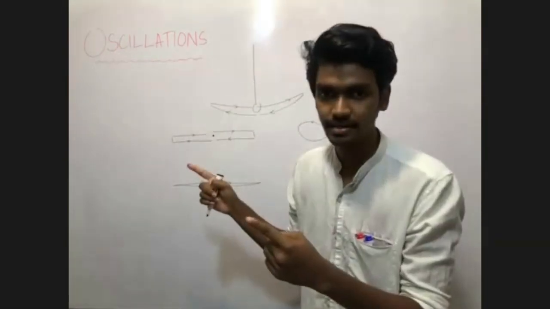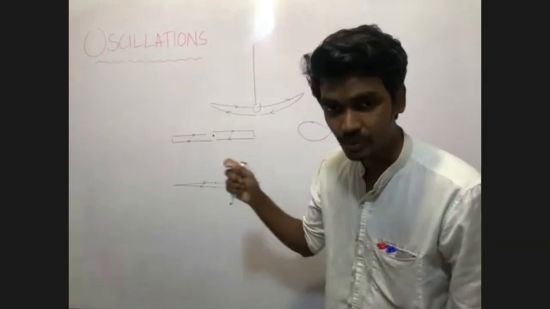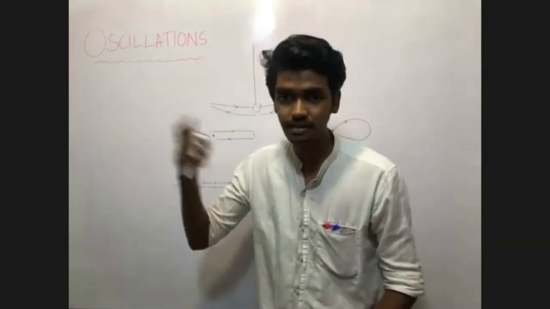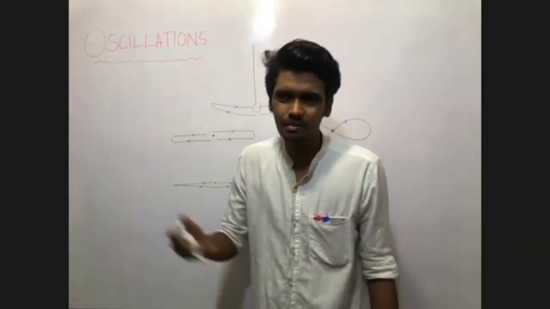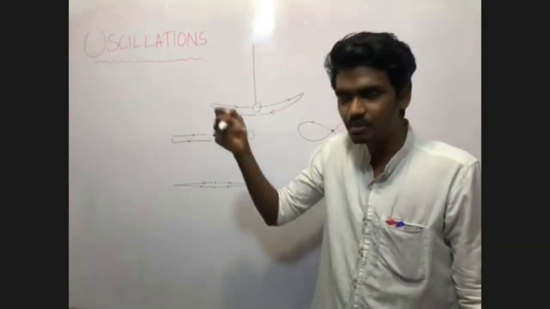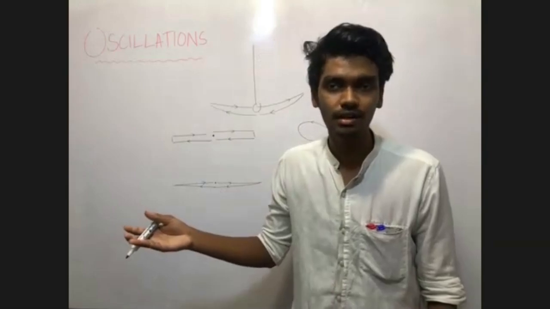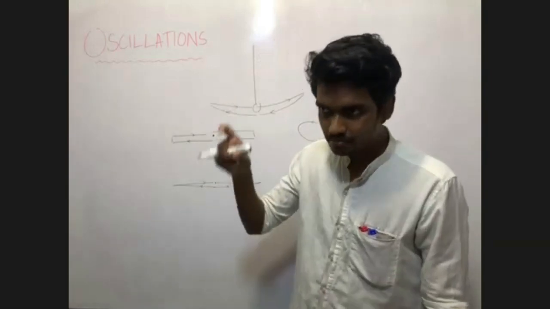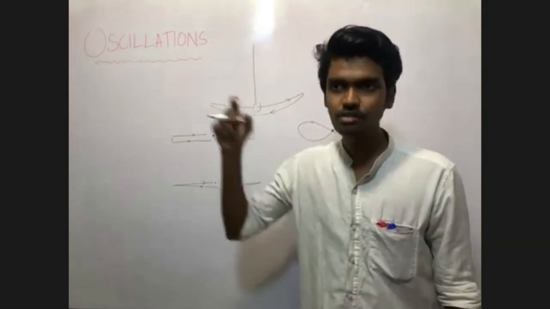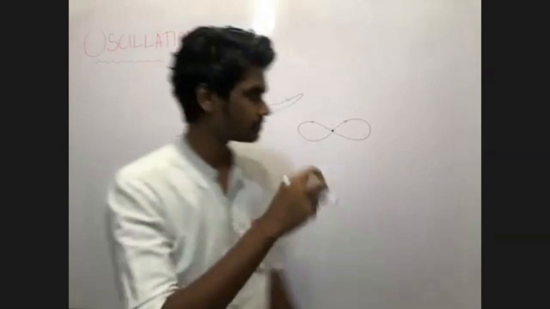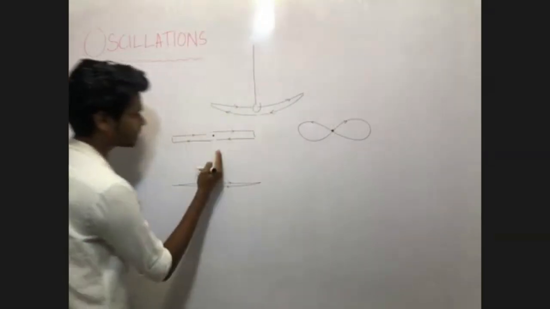Get the general idea, right? You might have heard about simple harmonic motion, but simply, simple harmonic motion is the simplest motion of an oscillation, which means it moves forward and returns back.